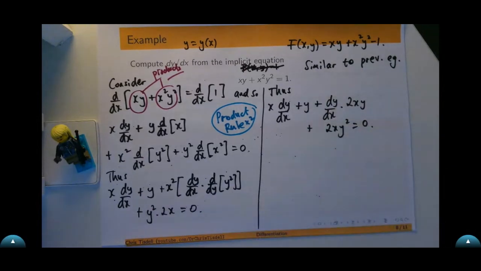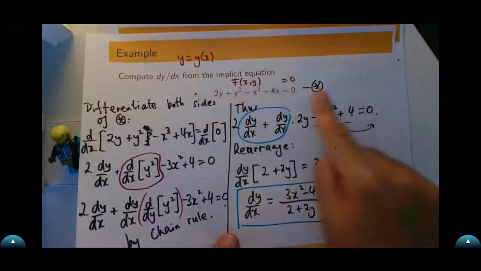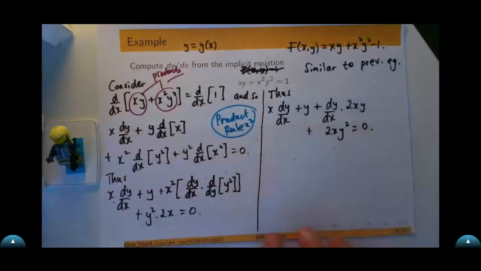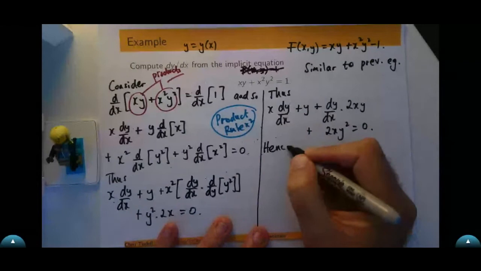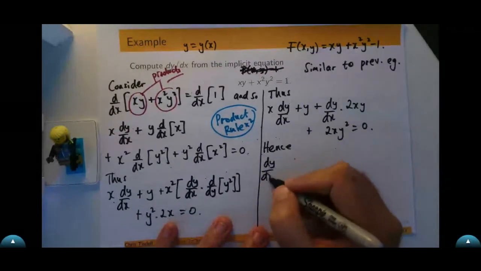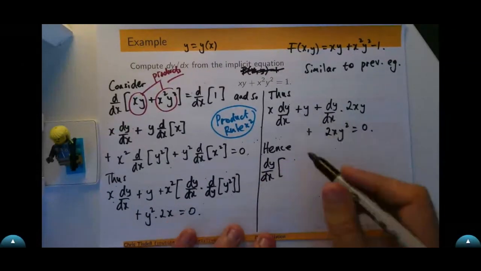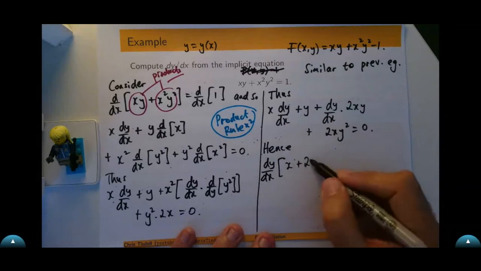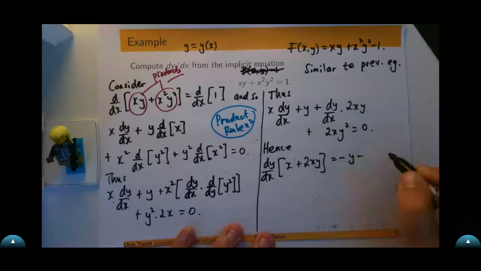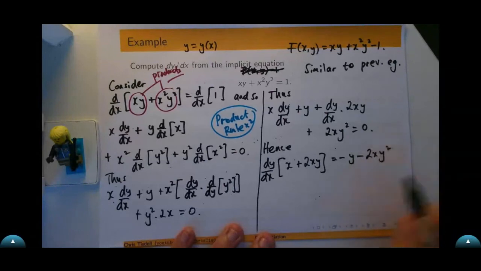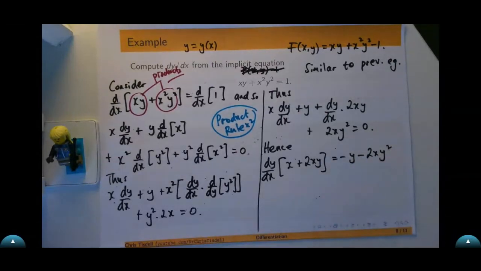All right, so it took us an extra step, but now we're kind of in this stage where we want to group the derivatives together and rearrange. Okay. So we factor out the dy dx's, move the other terms to the other side, and then divide.